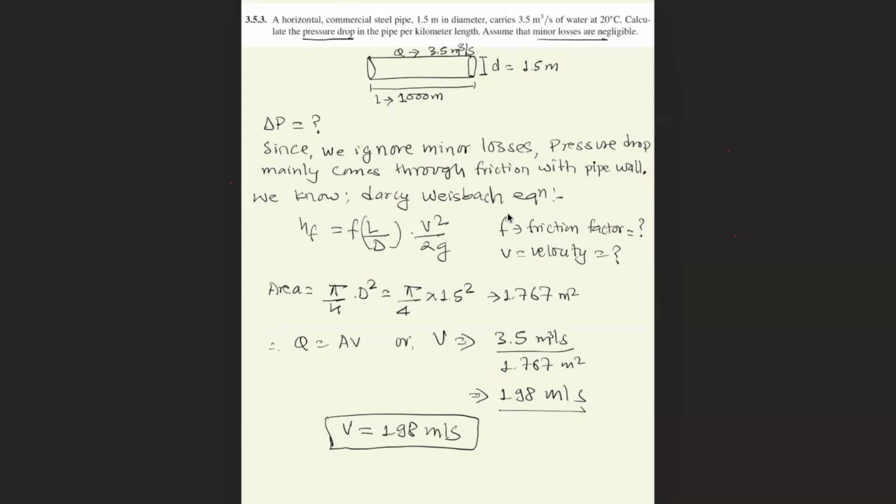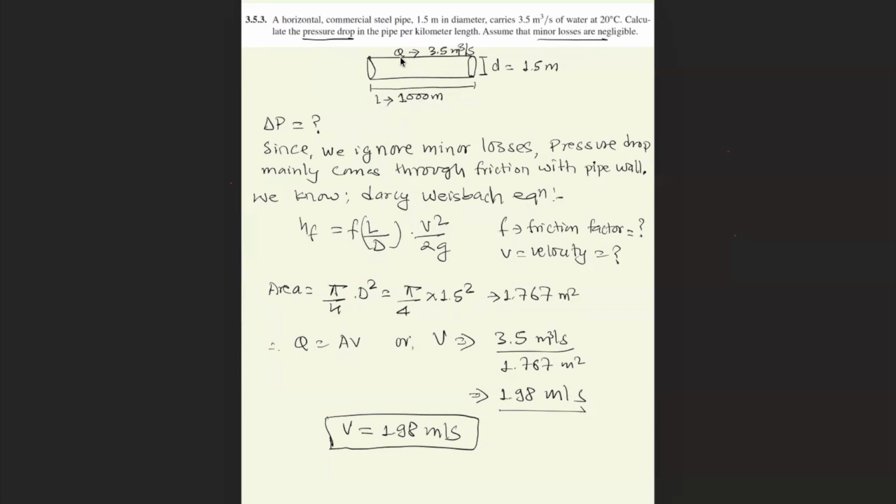Like I already mentioned, we know the Darcy Weisbach equation. So hf is equal to f L/D times V squared divided by 2g. This formula is the Darcy Weisbach equation. We already know L, D, and g. I have rewritten L in meters so that it will be easier for us to compute numerically.